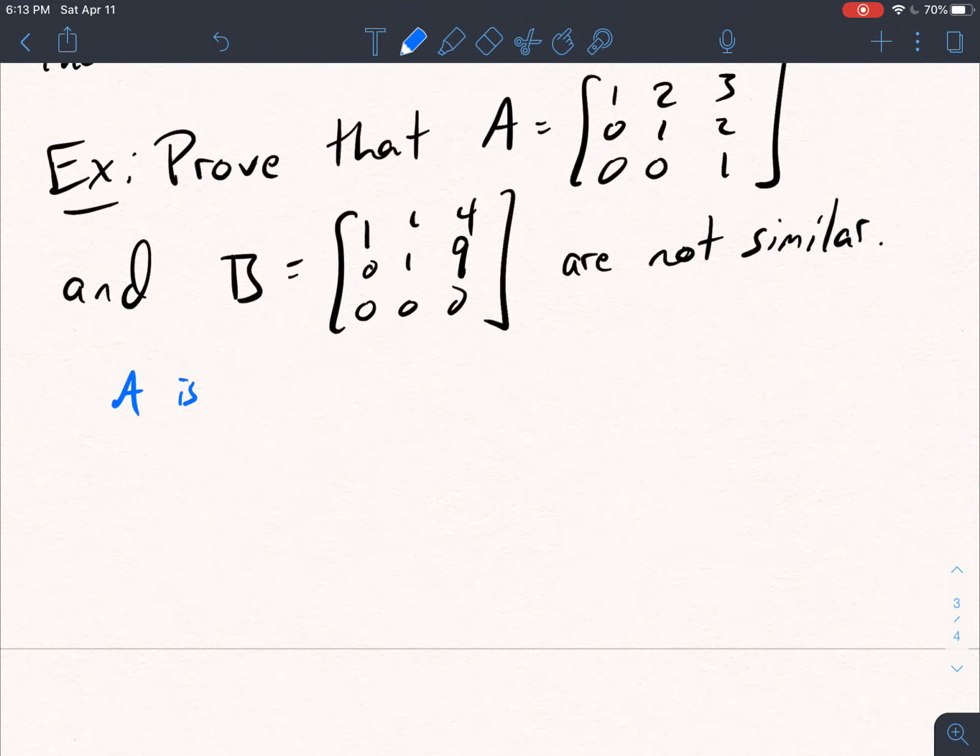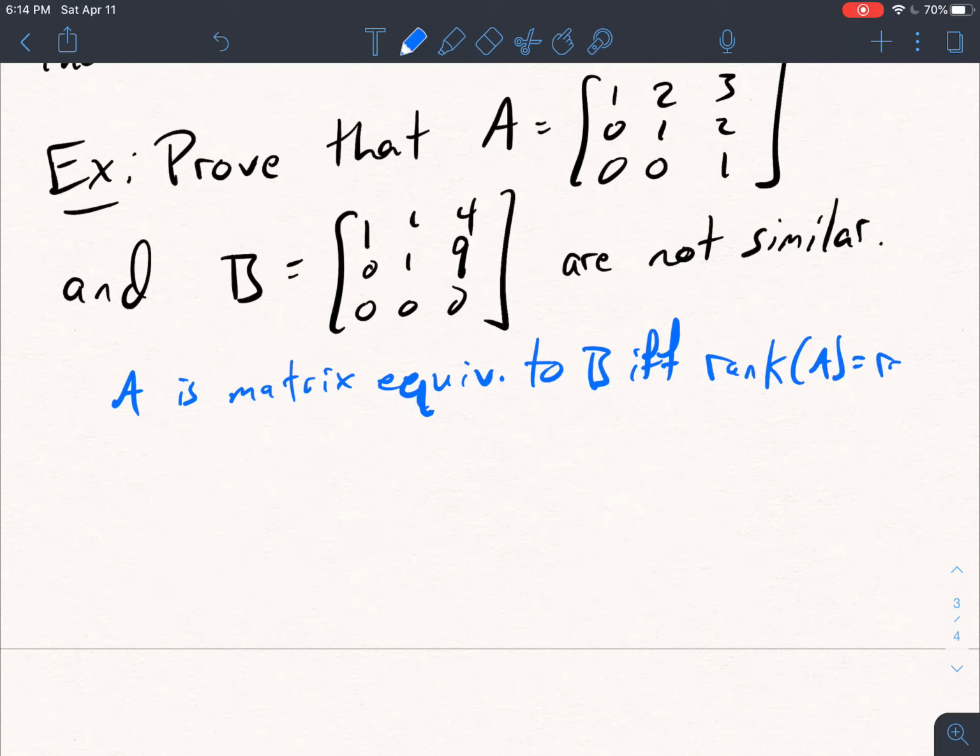Well, one thing we talked about before was that A is matrix equivalent to B if and only if the rank of A is equal to the rank of B. So I could just say what the rank of these matrices are and claim that they're not matrix equivalent from there.